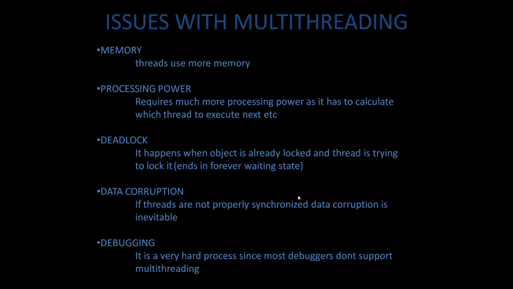And data corruption. We have to make sure that we synchronize our threads, and if we don't, data corruption is inevitable. Also, the data can be overwritten by another thread if we don't have semaphores.